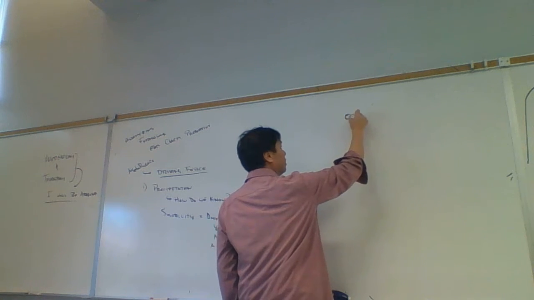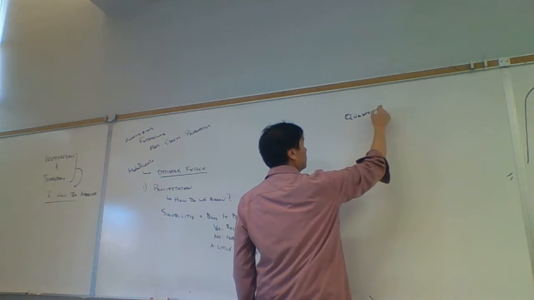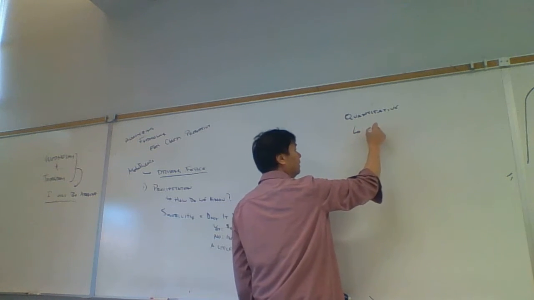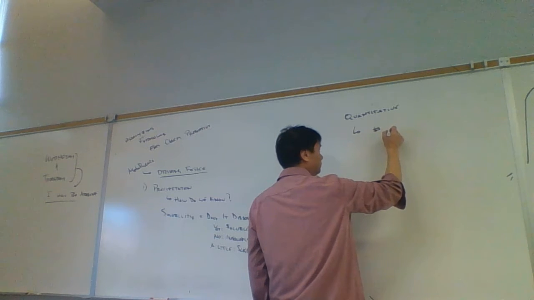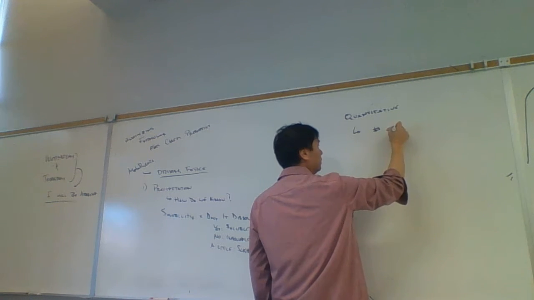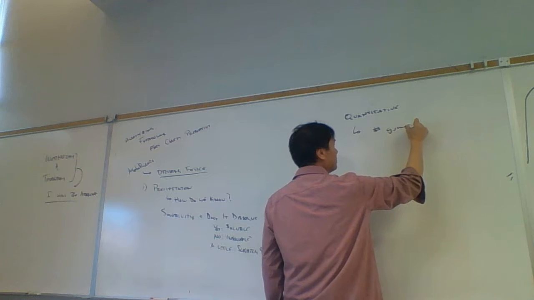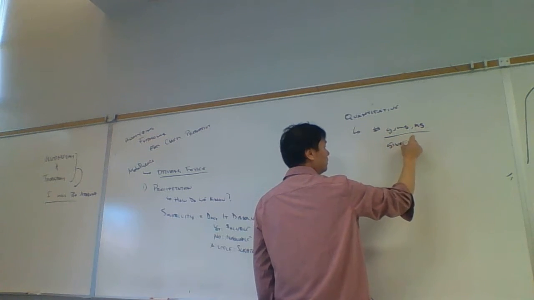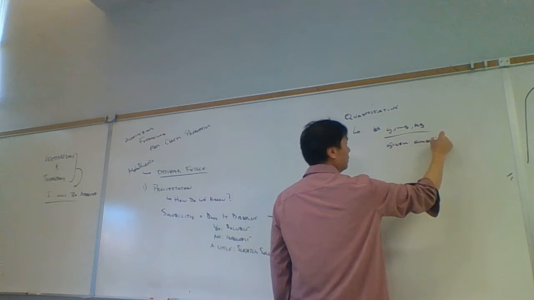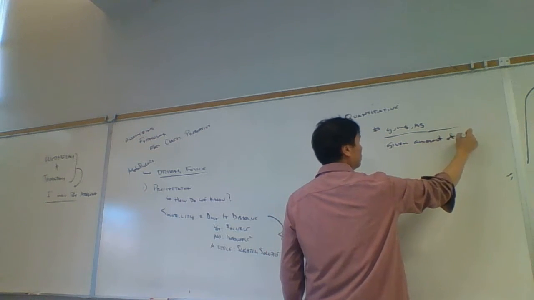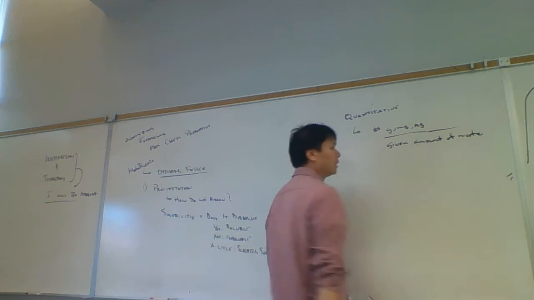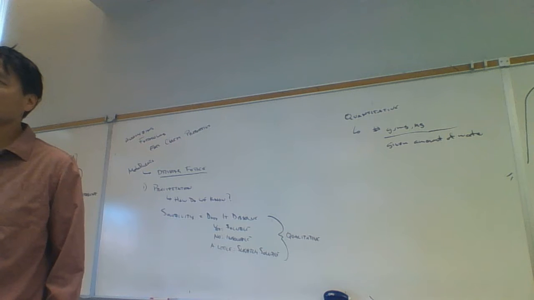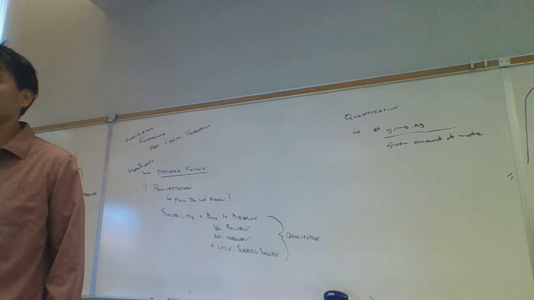And so if we want a quantitative measure, then we need the number of grams, milligrams, micrograms that dissolves in a given amount of water. Usually the given amount of water is 100 milliliters. So in 100 milliliters, how much of the solid dissolves?